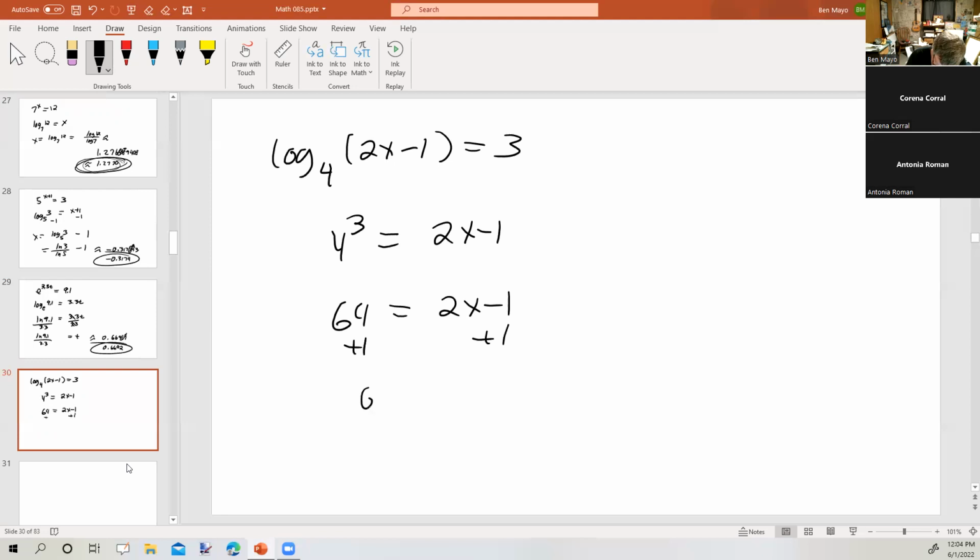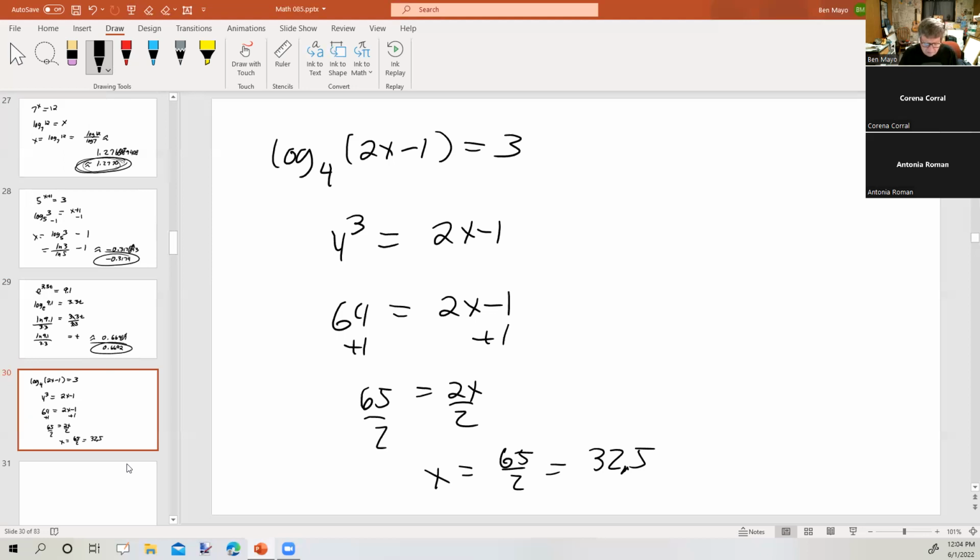Add 1 to both sides. 65 equals 2x. Divide by 2, x equals 65 over 2, or 32.5. Whichever way you want to do that.